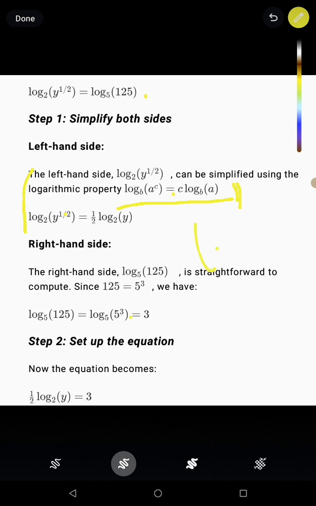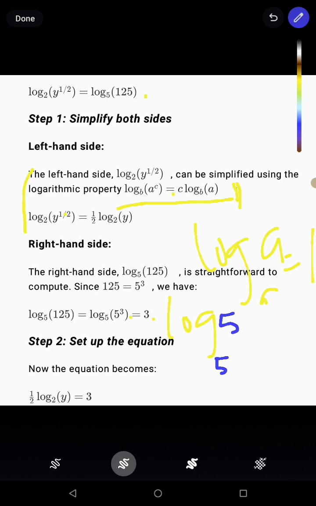And when you have log a base a, that is when the number and the base are the same, you get 1. So 3 times 1 is 3. That's where we got our 3 from. So the answer for that right hand side is 3.